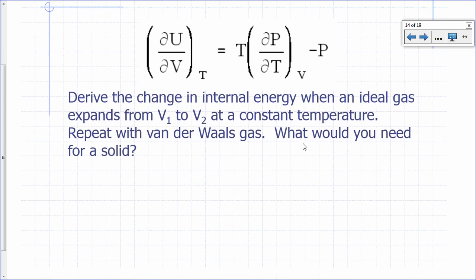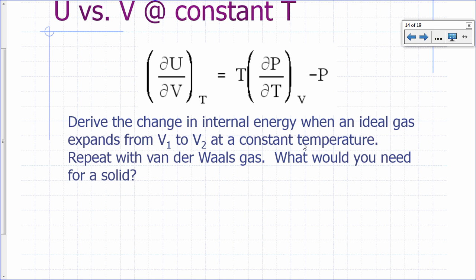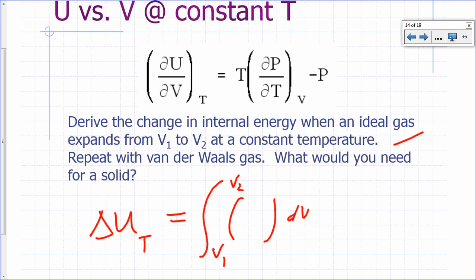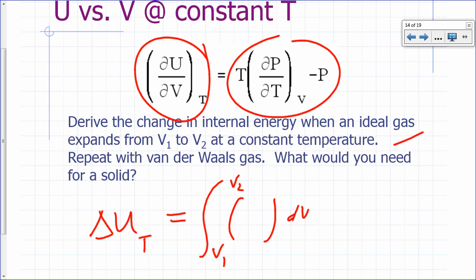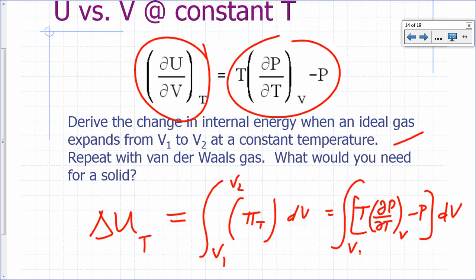And so, what would be the delta U when an ideal gas expands from V1 to V2 at constant temperature? How would you answer that question? Delta U at constant temperature would be the integral from V1 to V2 of dV times what partial derivative? This whole expression right here, the partial of U with respect to V at constant T. That's pi sub T. So that's just the integral of T times the partial of P with respect to T at constant V minus pressure, dV from V1 to V2.